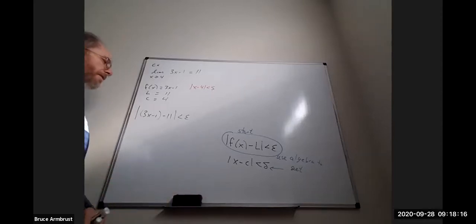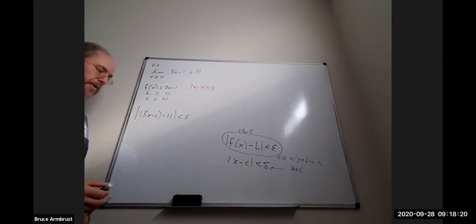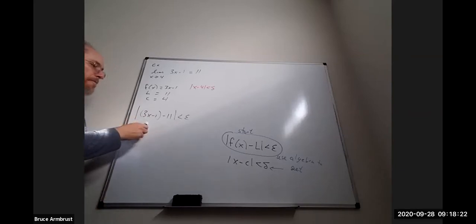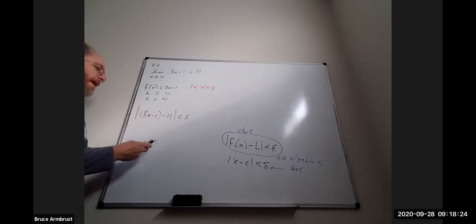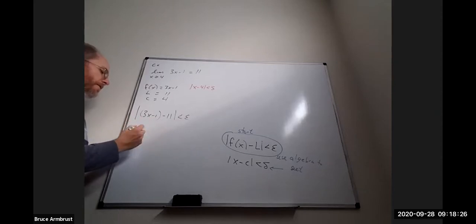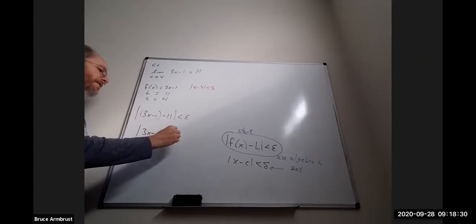All right, so let's start fiddling with this and see if we can get an x minus 4 inside the absolute value. Obviously, the first thing to do is combine like terms. If I do the subtraction of the 11, I get 3x minus 12 is less than epsilon.